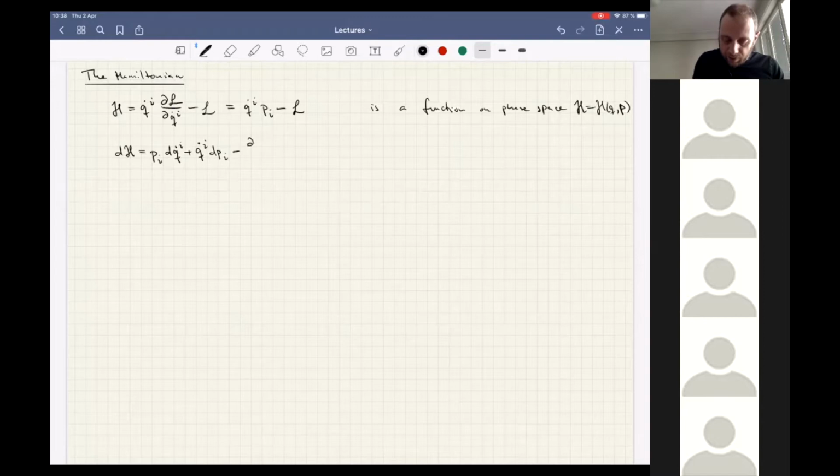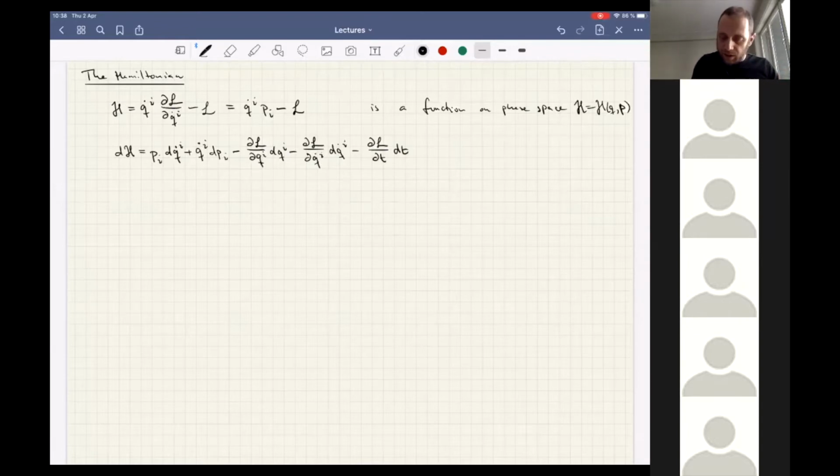So if I do that, we get dL/dq_i times dq_i, minus dL/dq dot i times dq dot i, minus dL/dt times dt. And here I've just used that the Lagrangian is generally a function of q, q dot, and t.